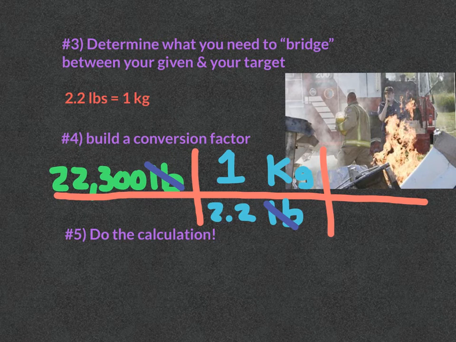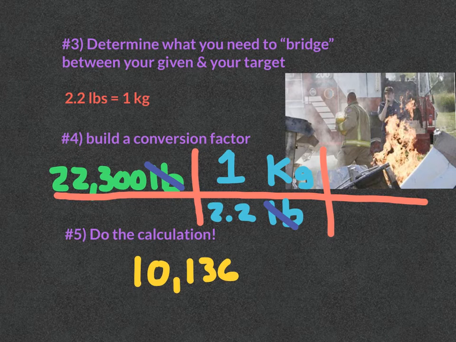When you do this, you get an answer of 10,136 kilograms of fuel. They didn't even receive half the fuel that they needed. They needed 22,300 kilograms, but they were only given 10,136 kilograms.